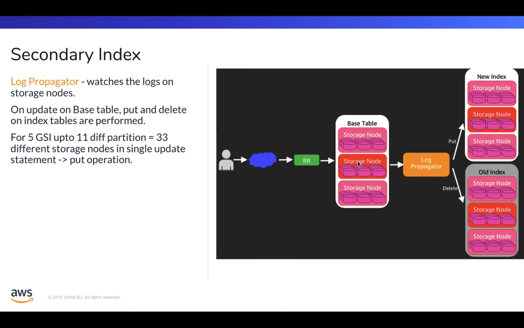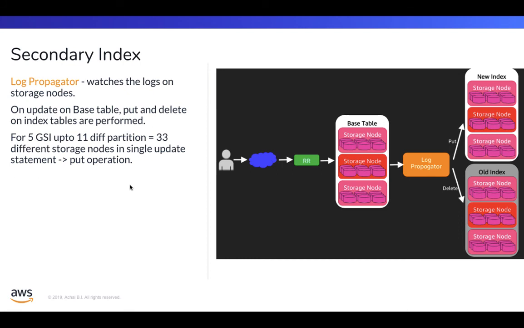As and when there is an update in the base table or the leader node, the log propagator gets the intimation, and log propagators are basically created for secondary indexes. It would do two operations at a time: one is a delete operation, the other is a put operation. As and when you change the attributes within the item, the index would change as well, so the old index has to be deleted and the new index has to be inserted.